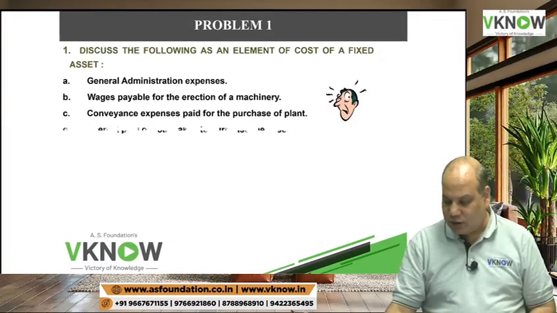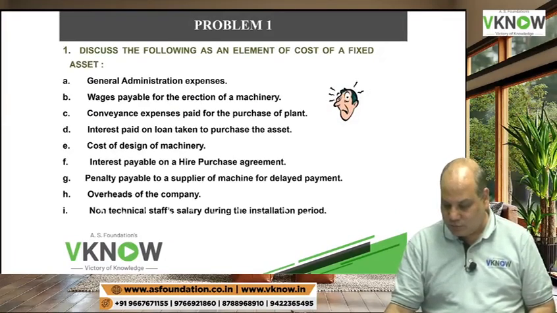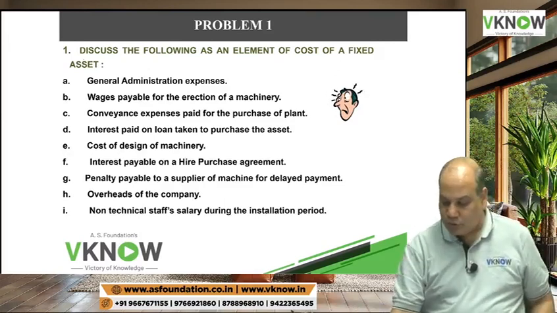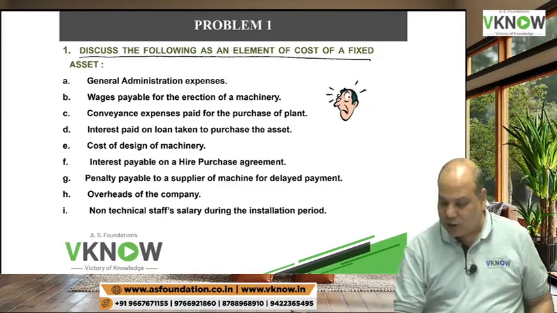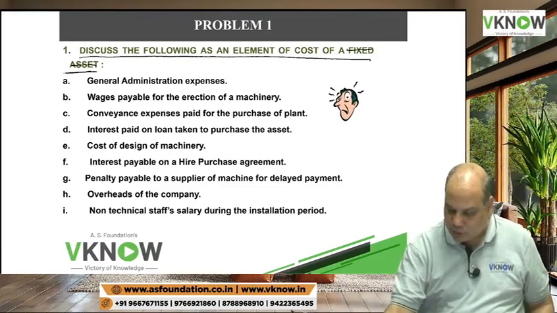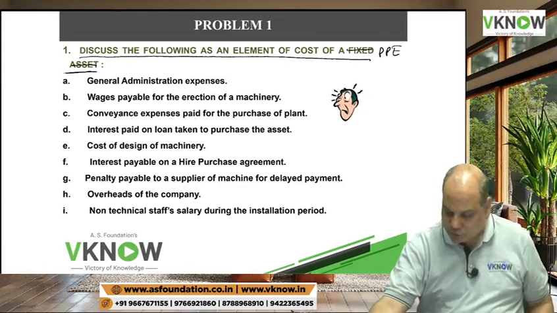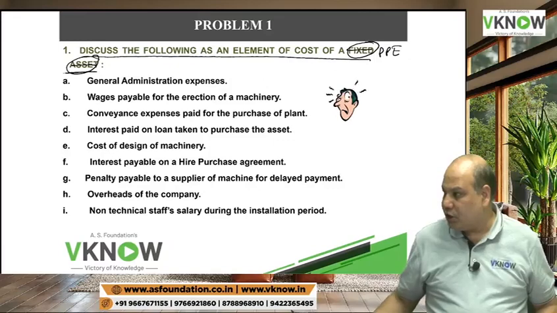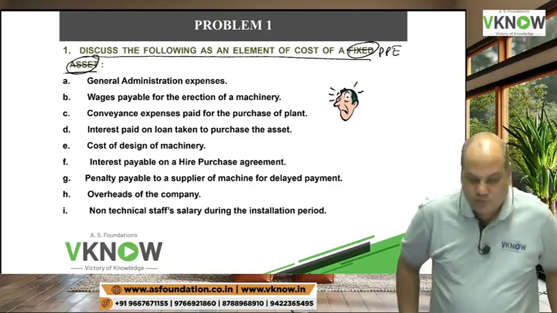This is an intermediate student. What he wants? He wants to know, discuss the following as an element of cost of fixed asset. Fixed asset is now called PPE. So wherever fixed asset is written in the notes, you will convert into PPE. So please participate.